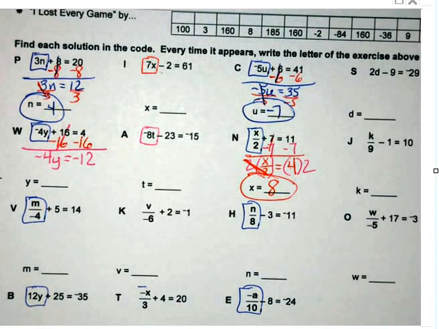Once I get what's in the box by itself, now what am I doing? I'm multiplying this by 4. Well, by negative 4. Y, this is negative 4 times y. If I've got negative 4 times y, the opposite of multiplying by 4 is to divide.